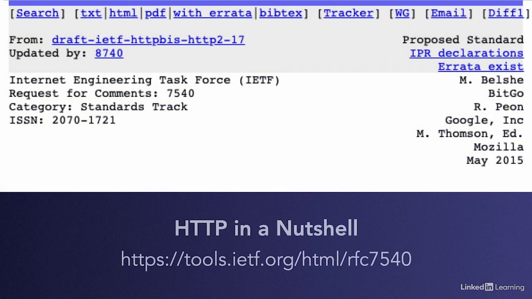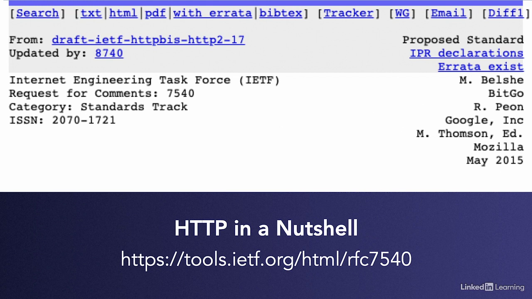After this quick start into creating APIs with .NET, let's take a few steps back and look at HTTP in a nutshell. This is the standards document for HTTP version 2, which is supported in all the major browsers.